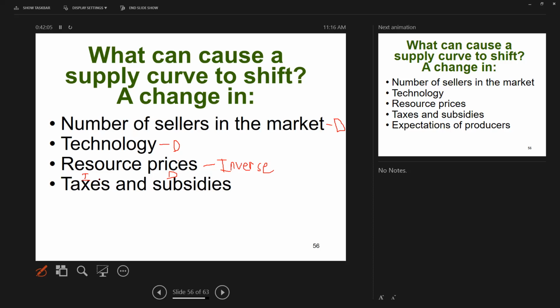So here, if you increase the tax on producing a good like gasoline, that's going to decrease the supply of it. Because a tax is just like a cost or a resource price cost up here, except for a tax, you don't get anything back in return.